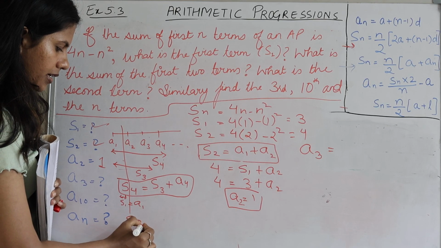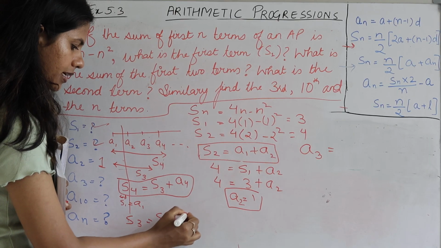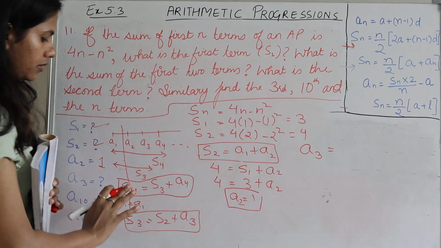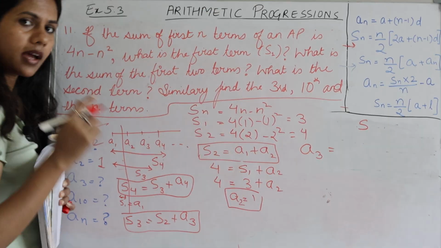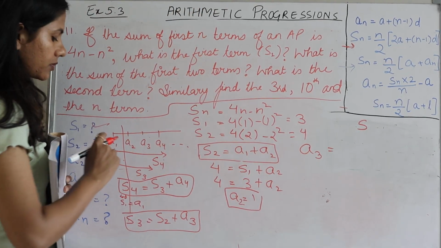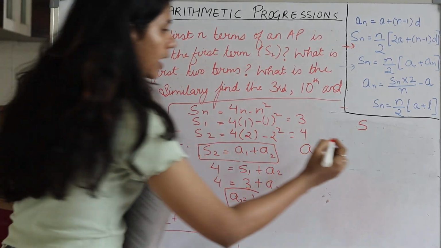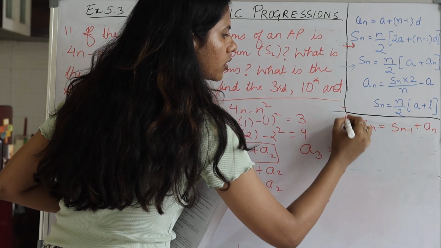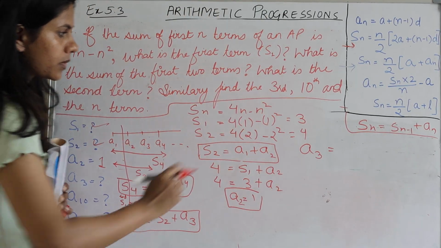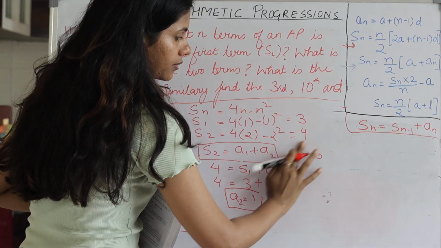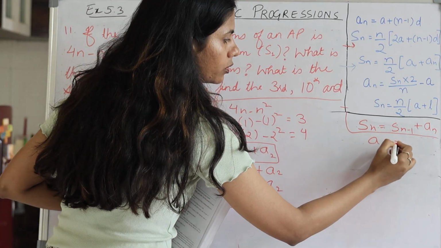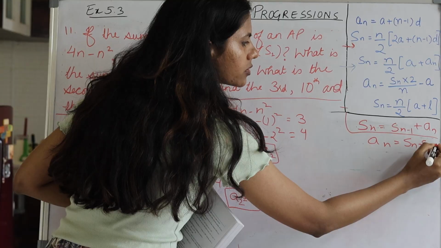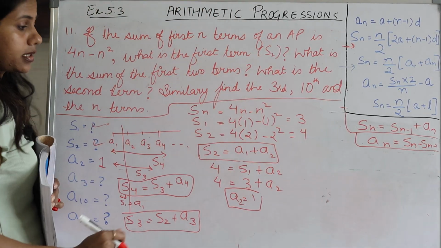So Sn equal to Sn minus 1 plus An. If we have to find out A3 now, what can we write? S3 equal to S2 plus A3. You can check the previous videos, where I have described all the concept. So Sn equal to Sn minus 1 plus An. We will simply use this formula. You can also write it as An equal to Sn minus Sn minus 1, this will go to the left hand side. So I will be using this second one.